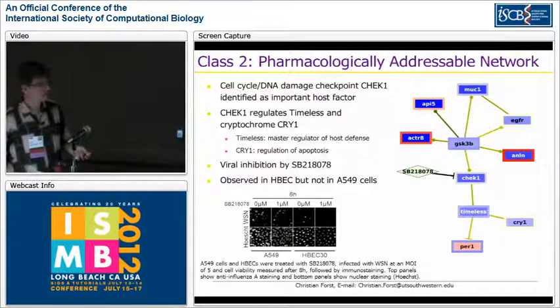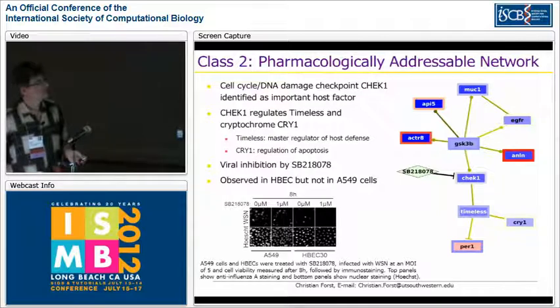And here on this slide, on this figure, you see just the immunostaining of the host cells with and without the inhibitor for different tissues.